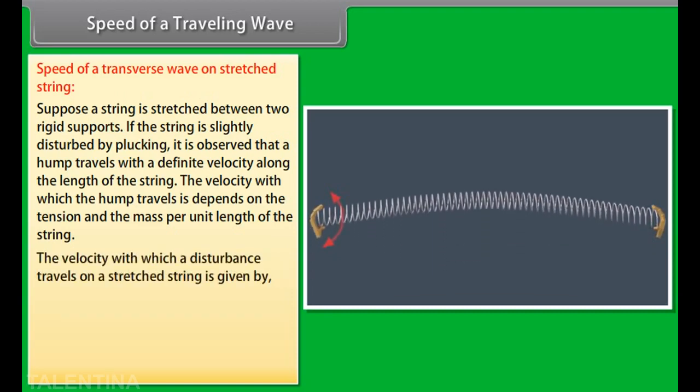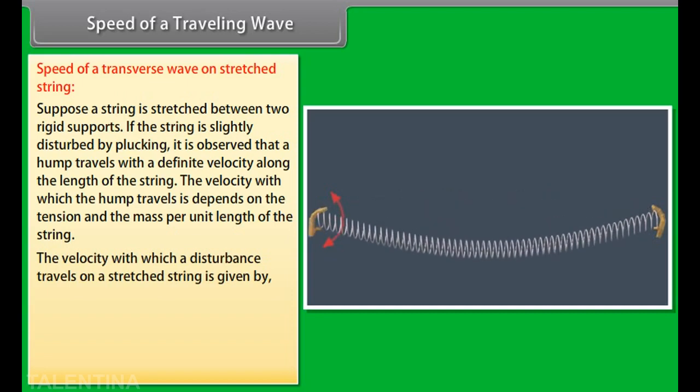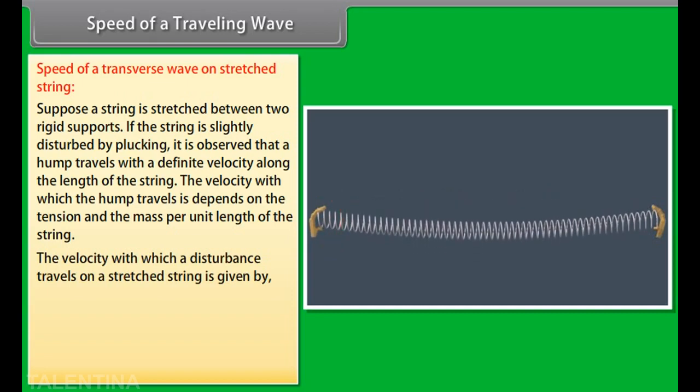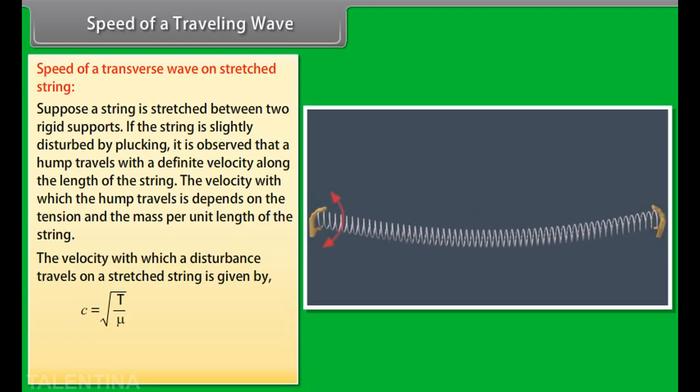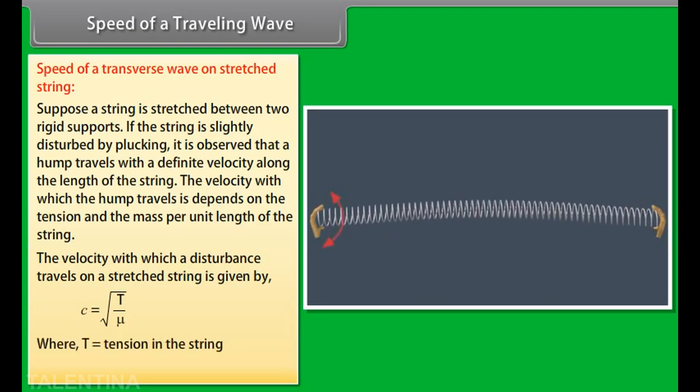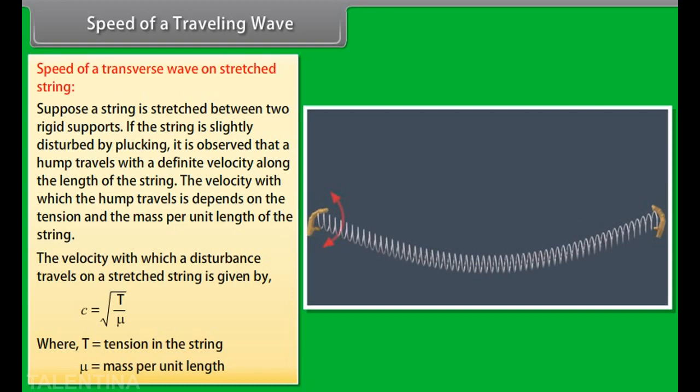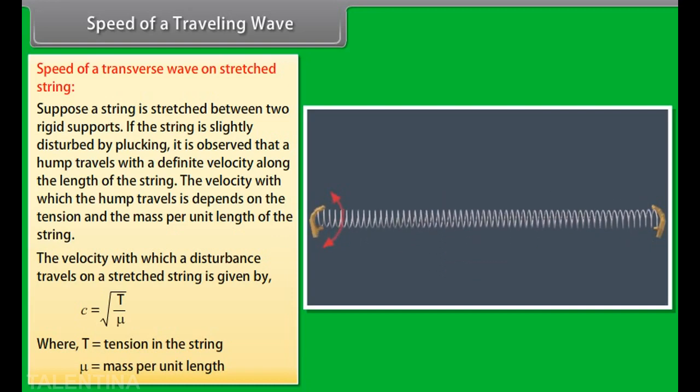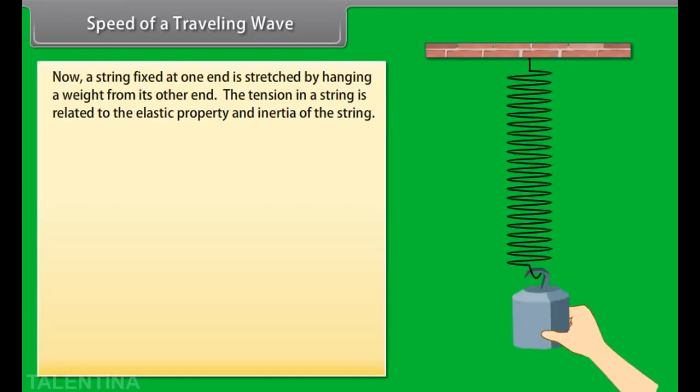The velocity with which a disturbance travels on a stretched string is given by C is equal to under root T upon mu, where T is equal to tension in the string, mu is equal to mass per unit length. Now, a string fixed at one end is stretched by hanging a weight from its other end.